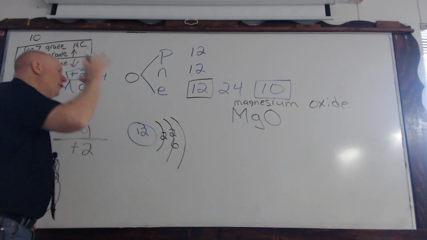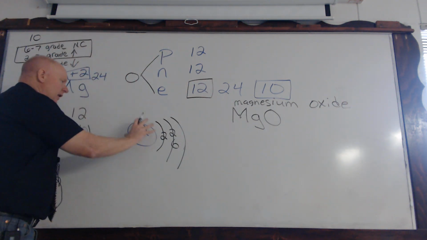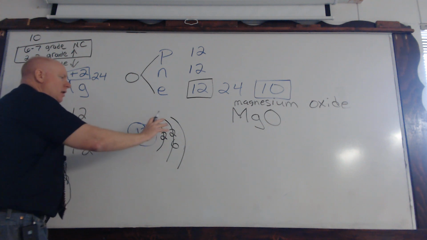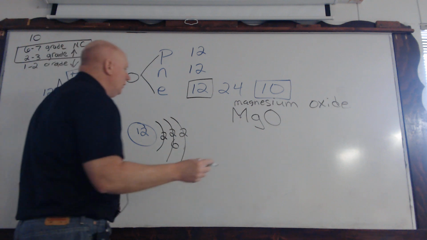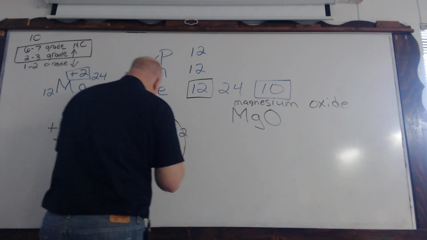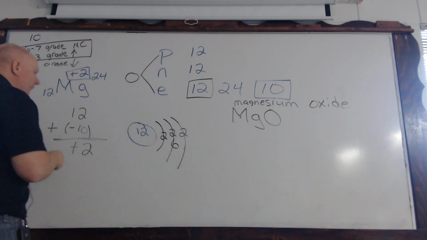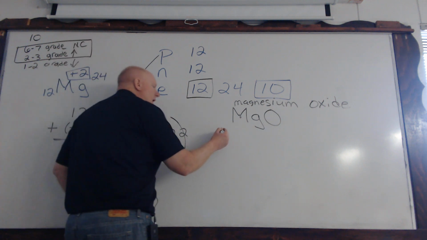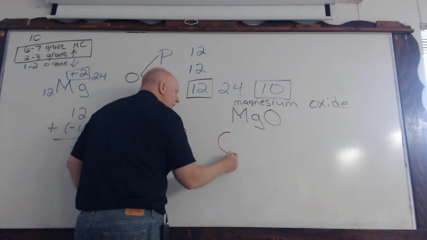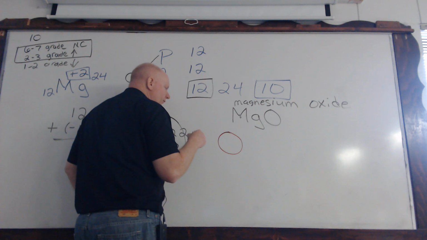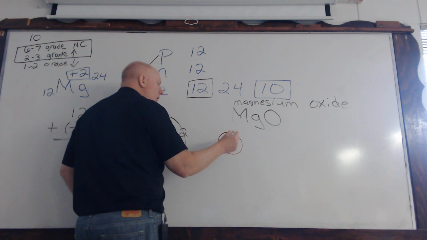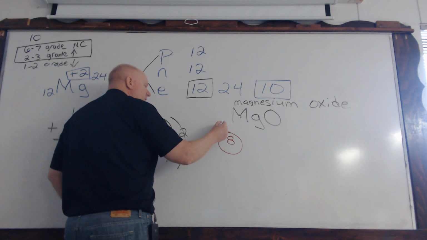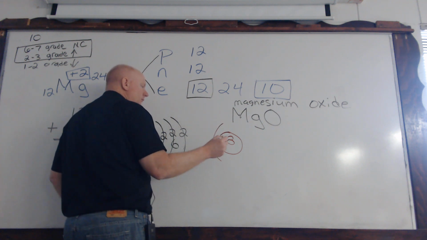So if we take this content, let's go ahead and put these two back in here. Now let's do oxygen's Bohr model. What's inside the nucleus for oxygen? 8 plus. Okay, so the first energy level, 2.